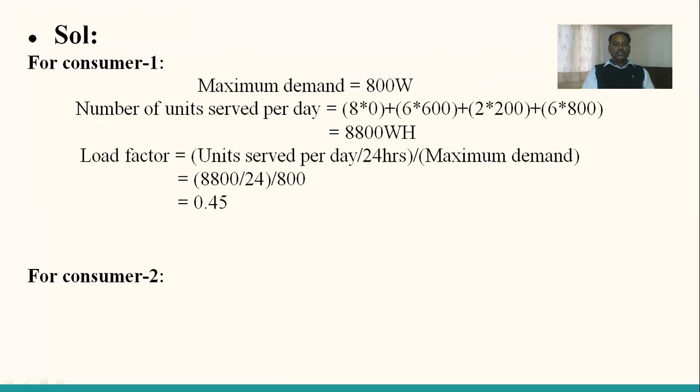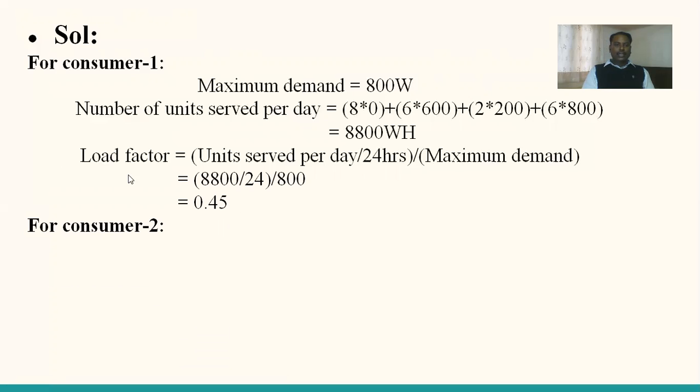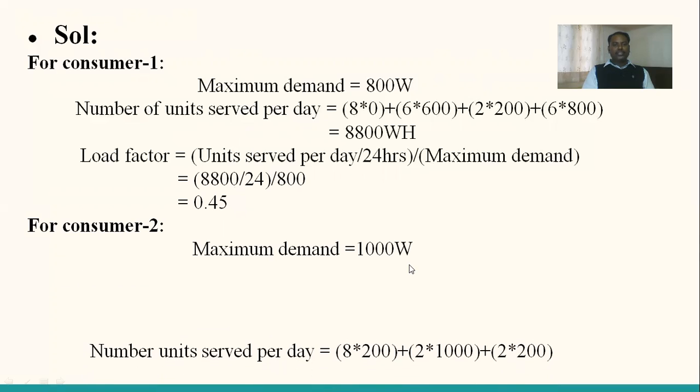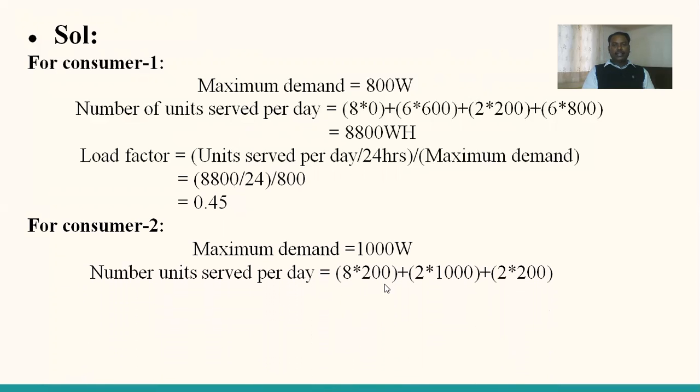So similarly, for consumer 2, the same calculations have to be repeated. Consumer 2 maximum demand is 1000 watts, and number of units served per day: 8 hours into 200 watts, 2 hours into 1000, and 2 hours into 200, remaining hours are no load. So it gives 4000 watt hours.